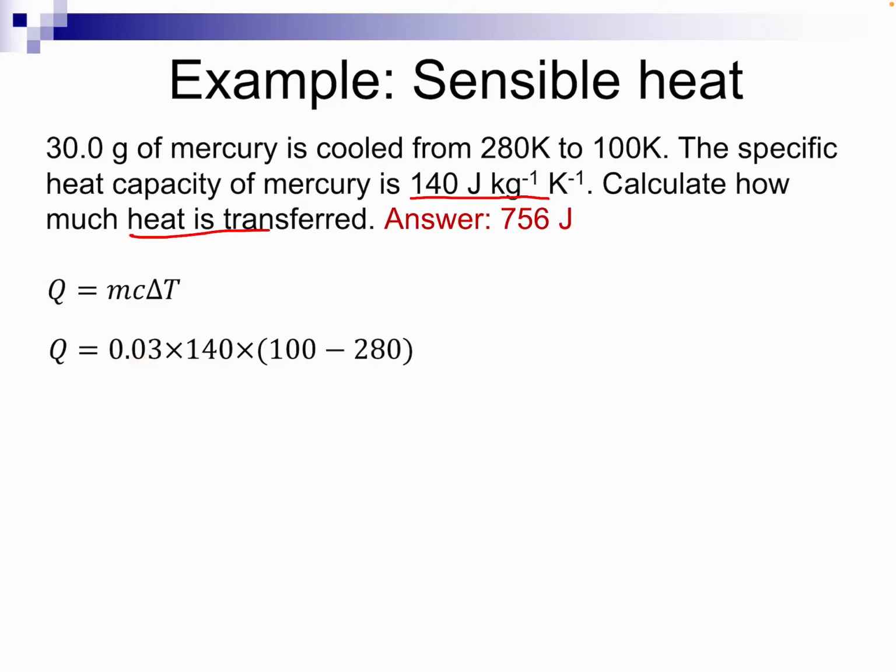C is the specific heat of the object whose temperature changed. The specific heat of mercury is given. And then you have the change in temperature. So change in temperature, that's the final minus the initial temperature.